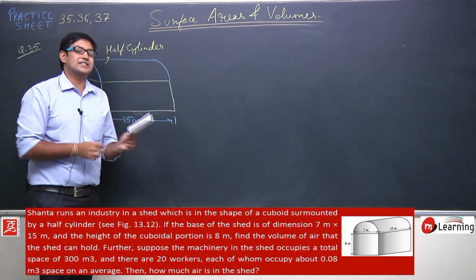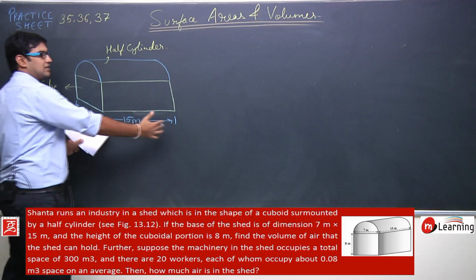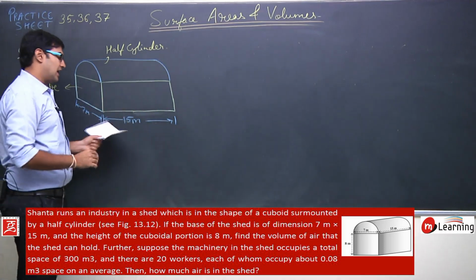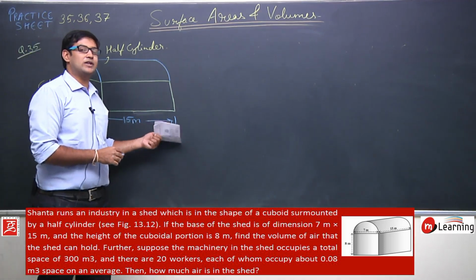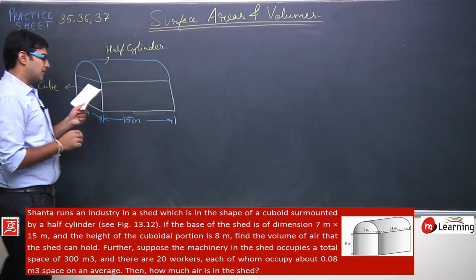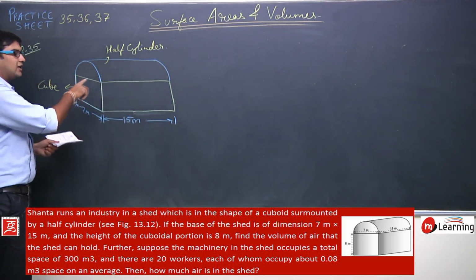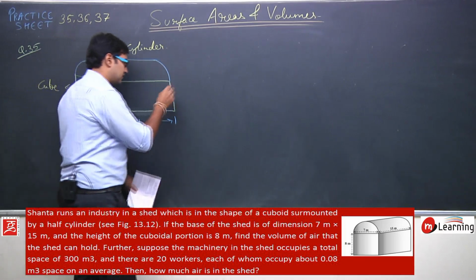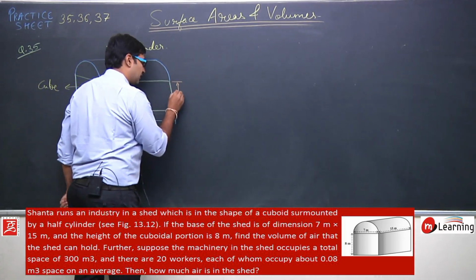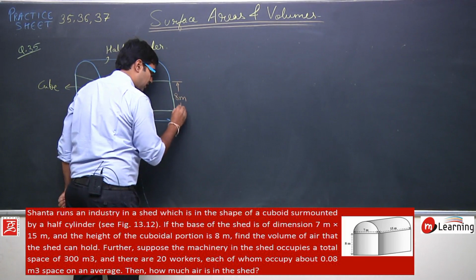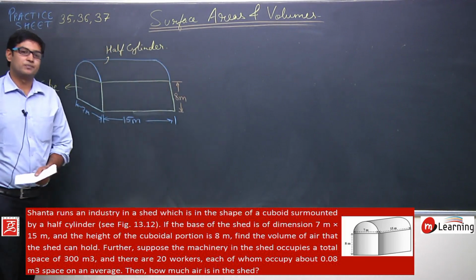But in the question it is given that this has to be 7 and this has to be 15. So that's why, as given in the question, I need to take this as 15. Now further, I can see the height of this factory is given as 8 meters. So we have this kind of diagram.